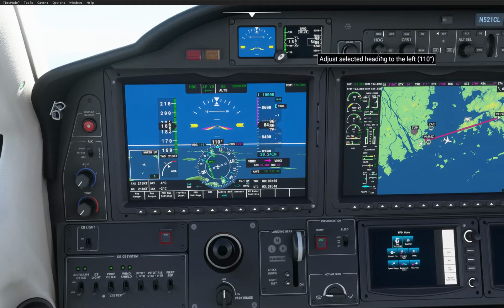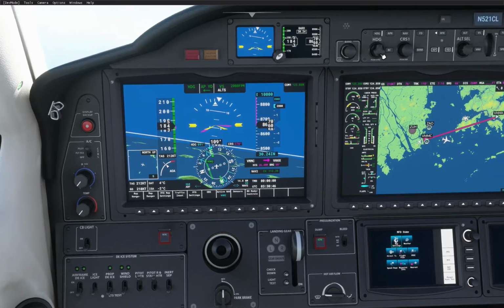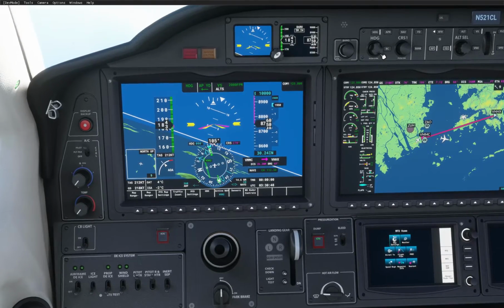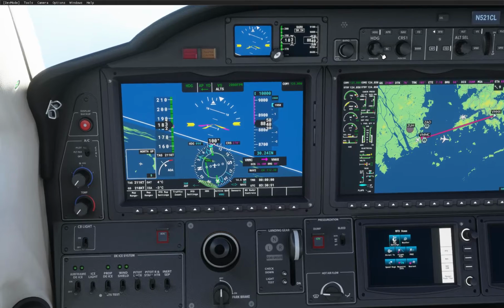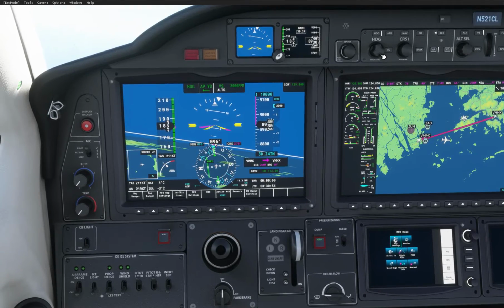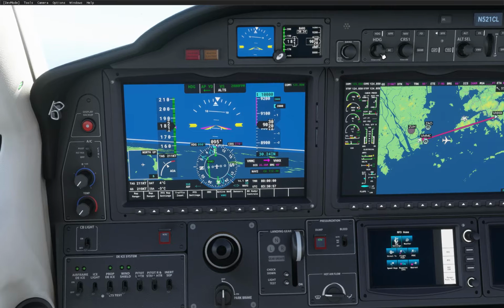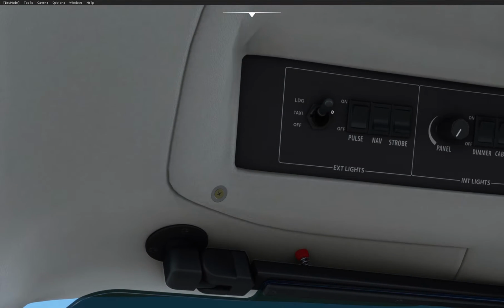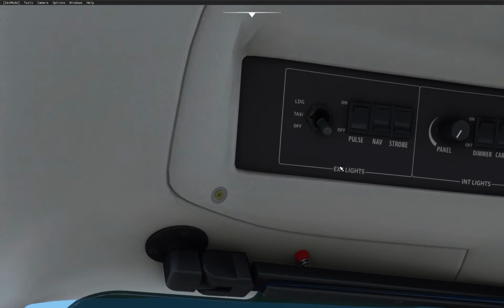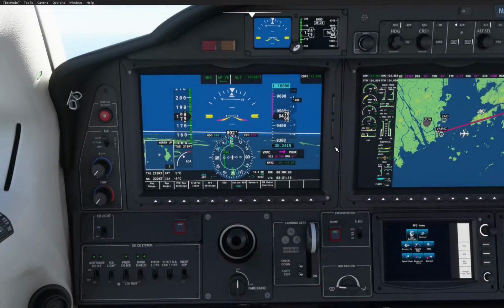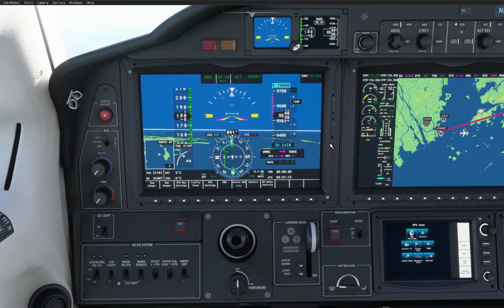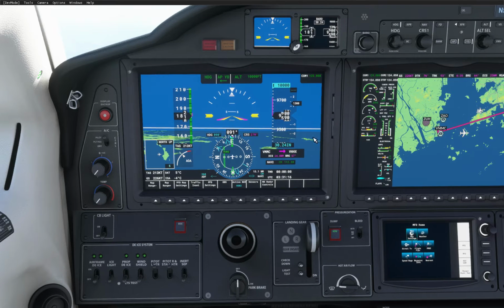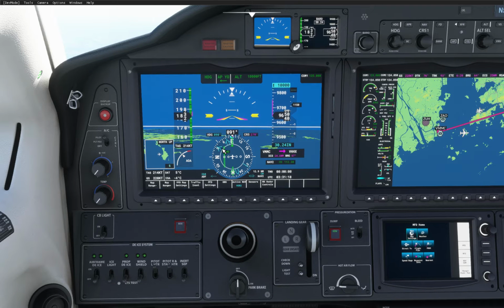Okay, so they give us a left turn now to 090. So remember, this bearing pointer is the NDB.